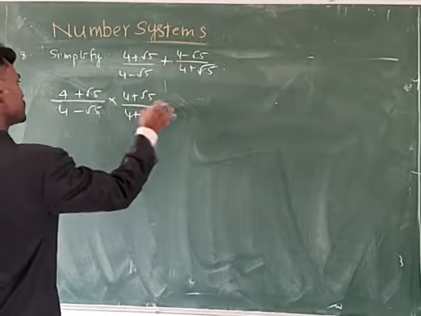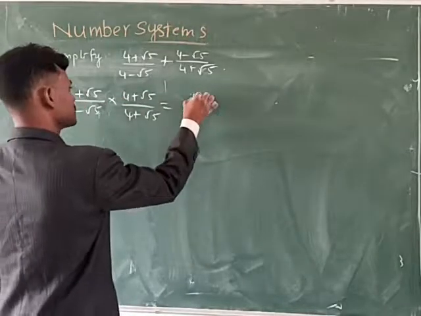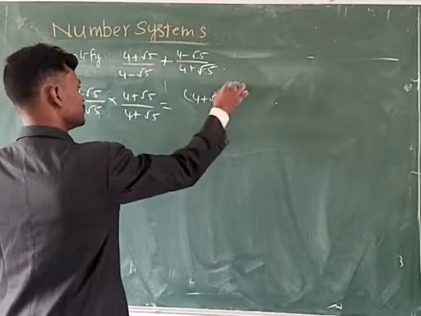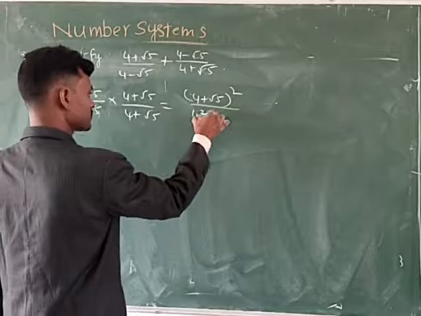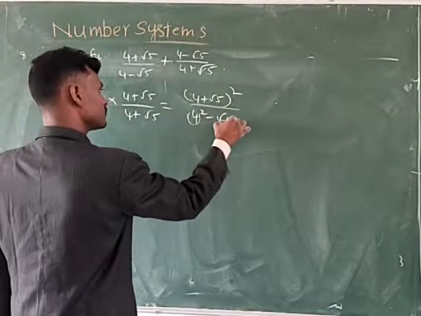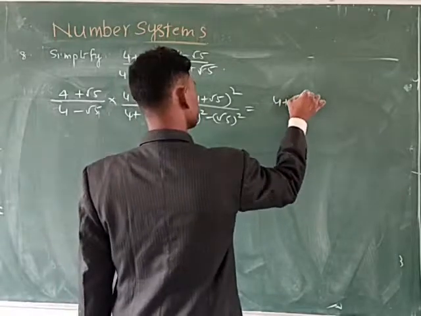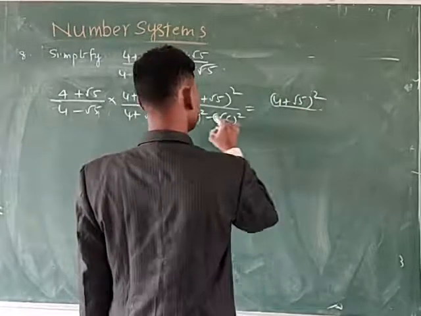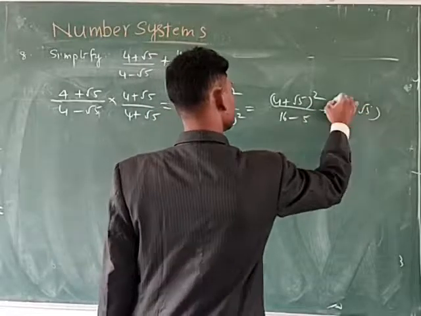This is (a + b) whole square, (4 + √5) whole square, over (a + b)(a − b), a square minus b square, 4 square minus root 5 whole square. Then (4 + √5) whole square over 16 minus 5, equal to (4 + √5) whole square by 11.